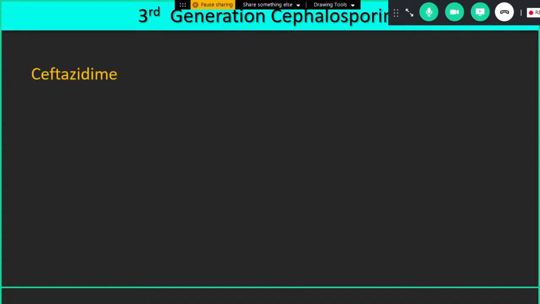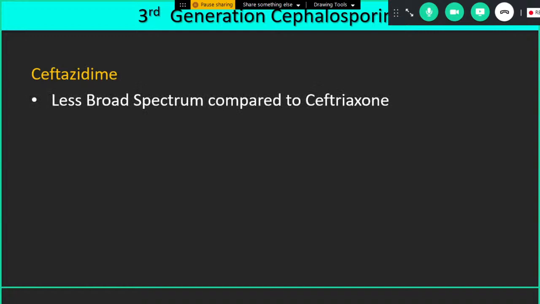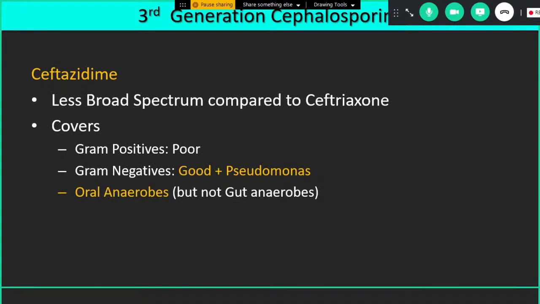Now we come to another one, which is ceftazidime. As compared to ceftriaxone, it is less broad. The spectrum is lesser, and the gram positive coverage is not very good. But because it has a very good coverage against Pseudomonas, it is very effective in treating infections like septicemia or pneumonia caused by Pseudomonas.